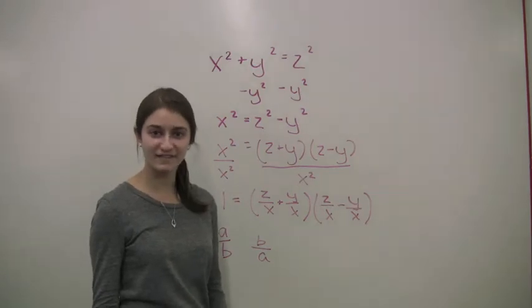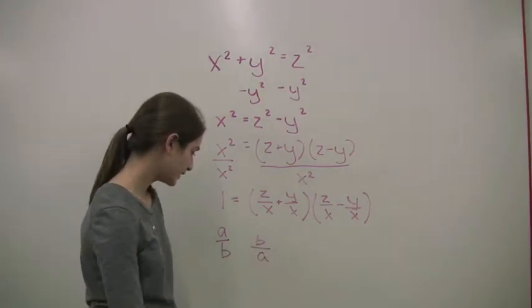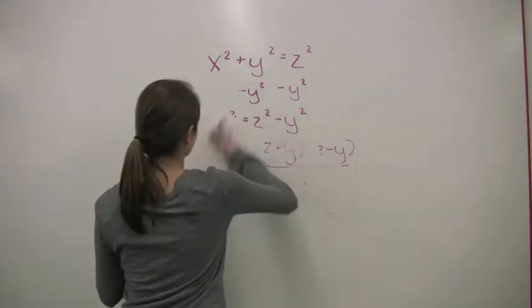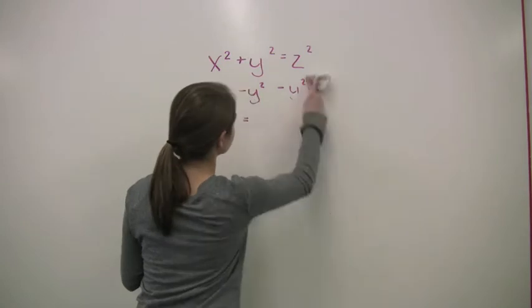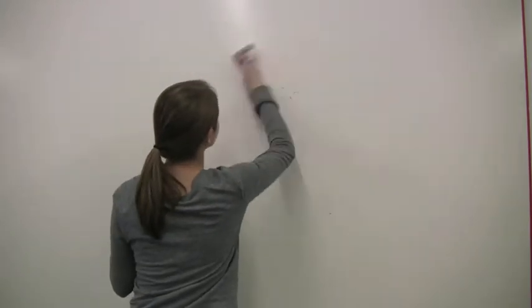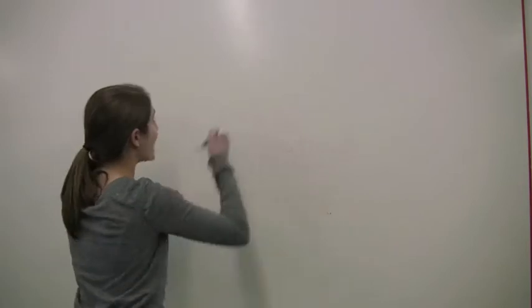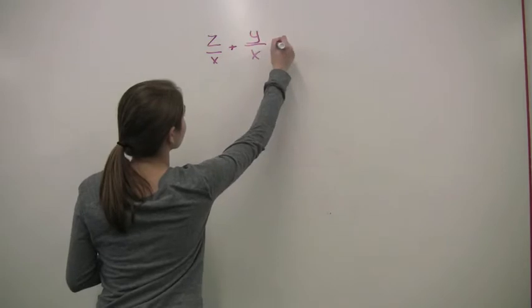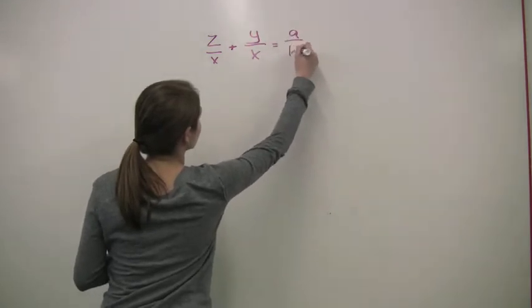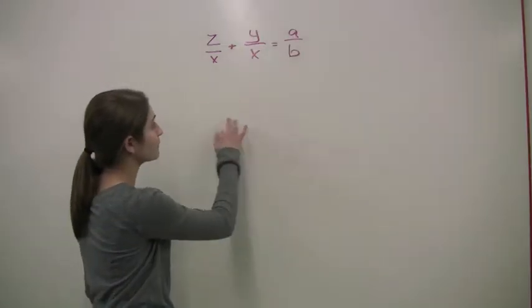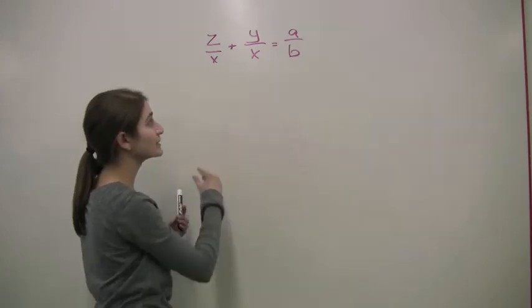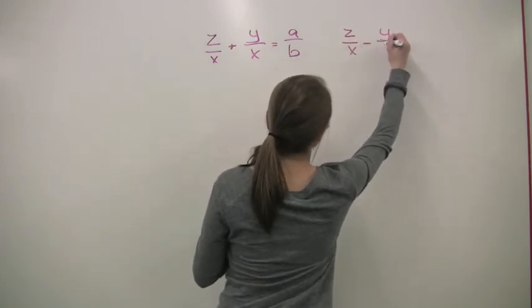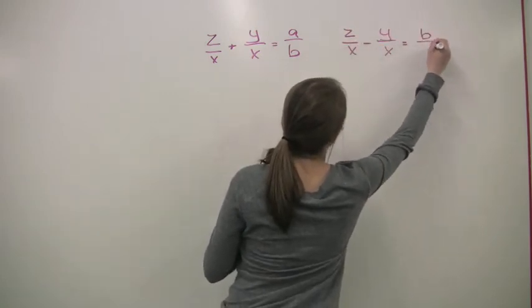Let's now solve for z over x or y over x. Let's erase this and start the problem at the top of the board. As we wrote before, z over x plus y over x equals a over b. To solve for z over x, we must solve for y over x so that it can be substituted into the equation z over x minus y over x equals b over a.